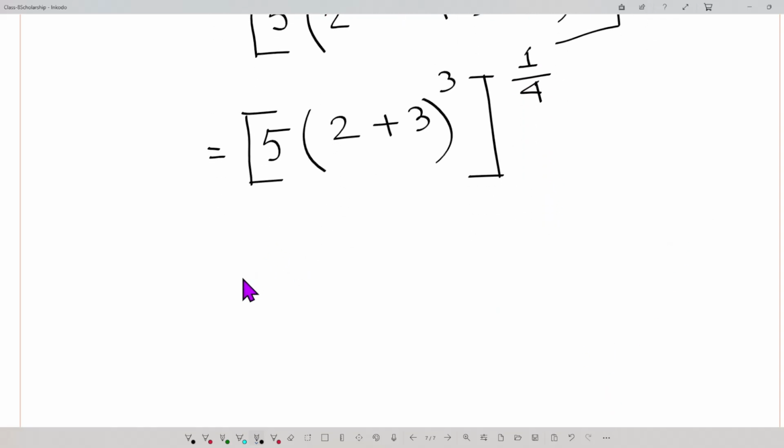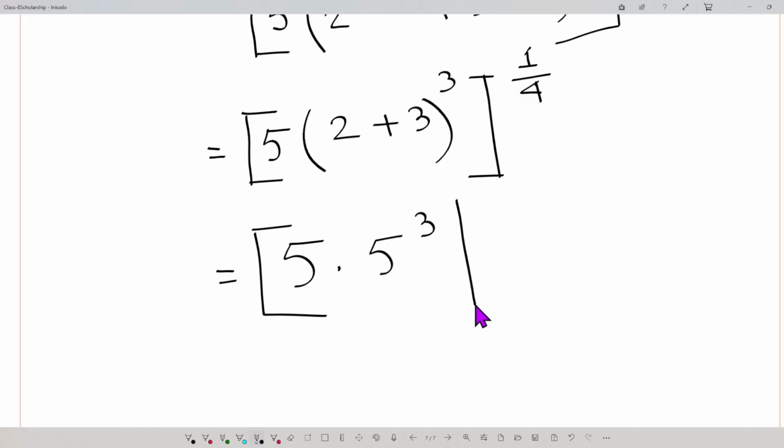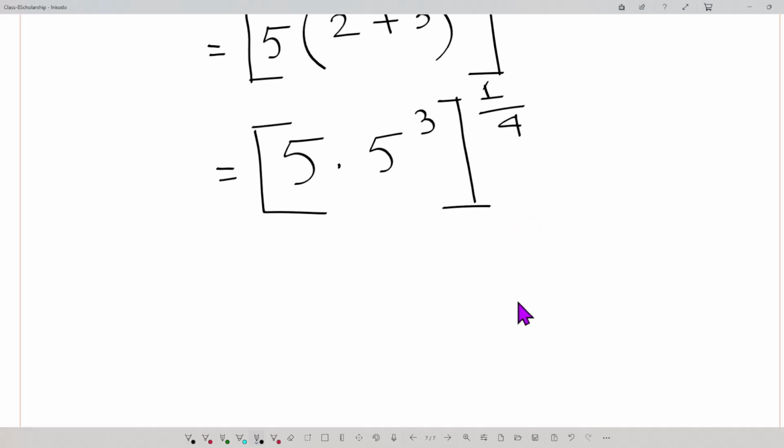Okay, then 5 times 2 plus 3 is 5, and here is power 3 and whole to the power 1 by 4.